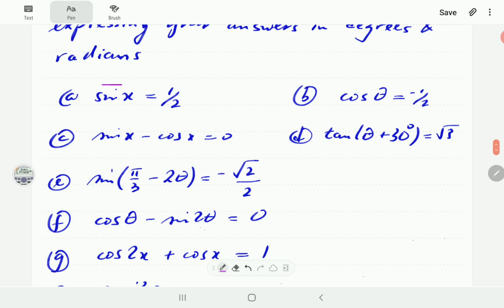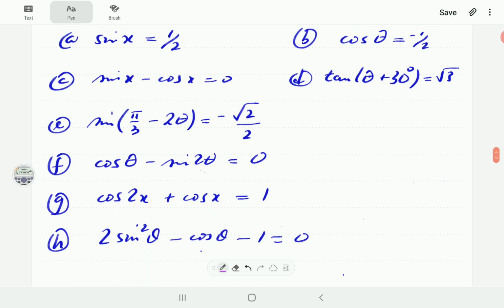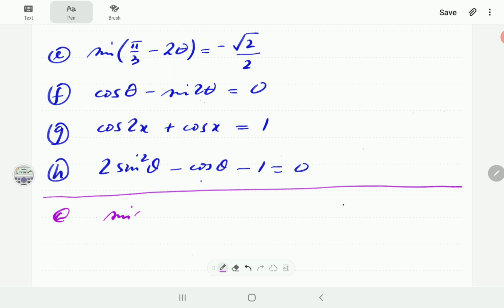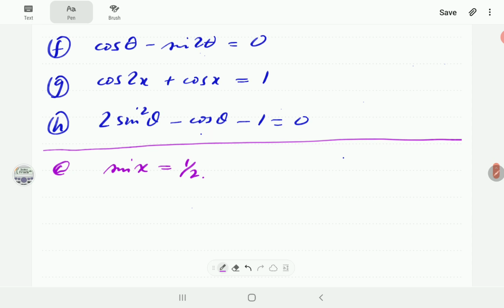Our first equation is this one that we talked about earlier, and then there are a few others. So let's start with that first one. Sine x is equal to 1/2.